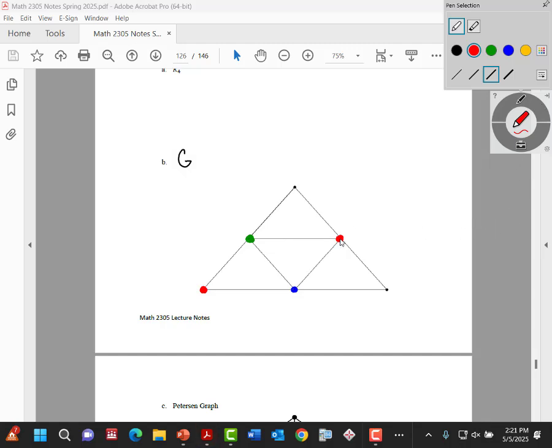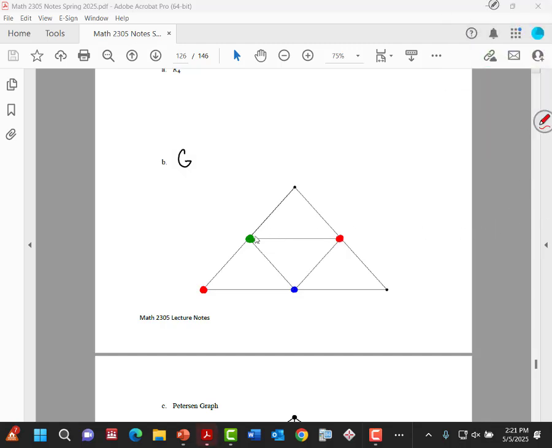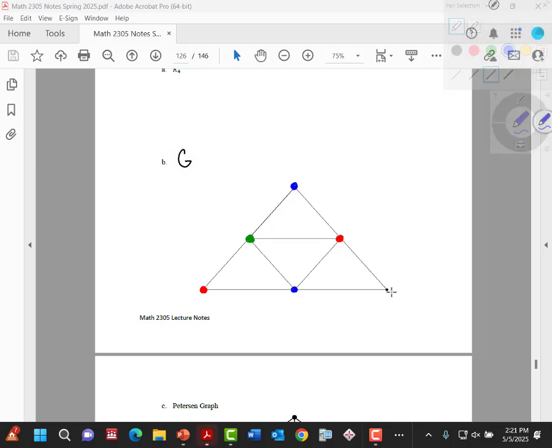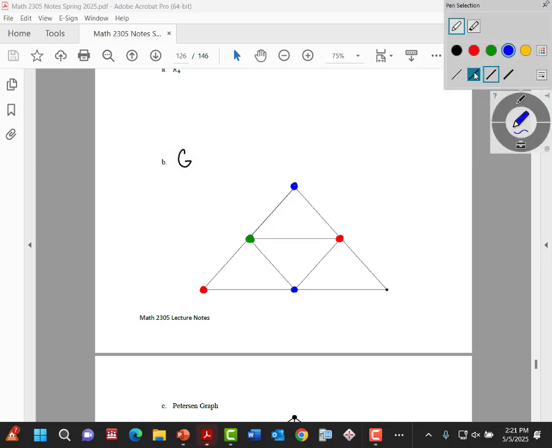Well, if I've colored this guy red, this one over here green, I would like to color this one, and I want to try to use the minimum number of colors as possible. So I'm going to color him blue. And now let's slide down to this last vertex down here. You guessed it. What color am I going to color him? I'm going to color him green.